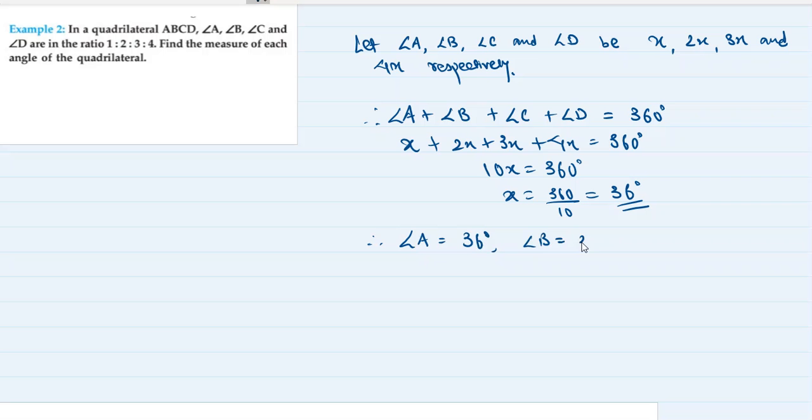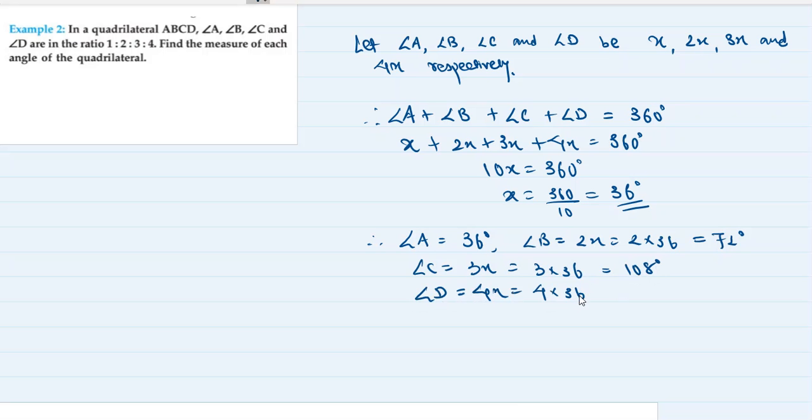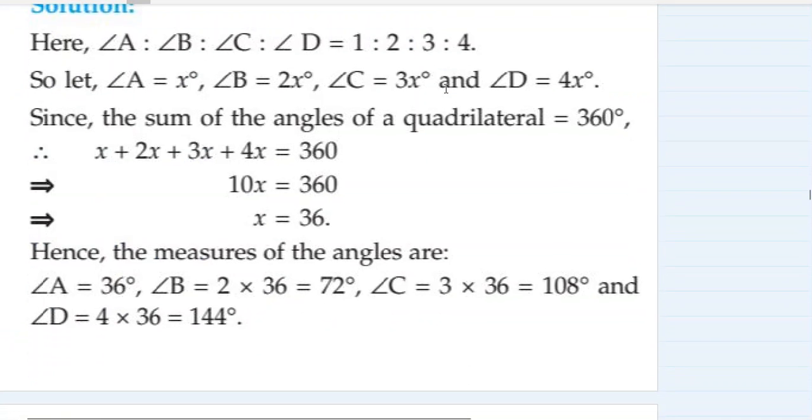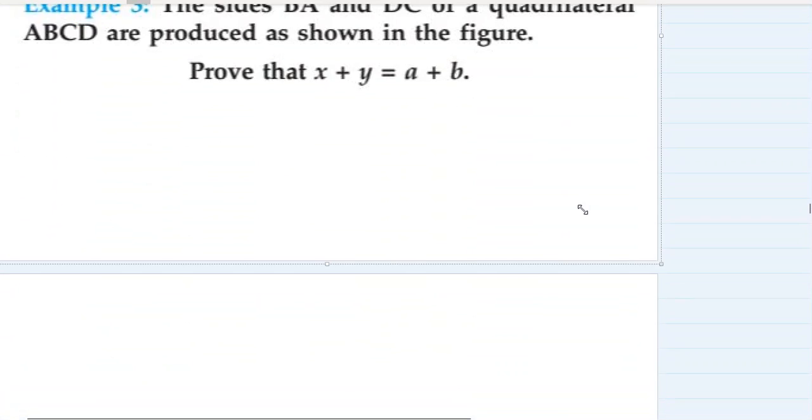Angle B is equal to 2x, which is 2 times 36, which is 72 degree. Angle C is equal to 3x, which is 3 times 36, which is 108 degree. Angle D is equal to 4x, which is 4 times 36, which is 144 degree. So 36, 72, 108 and 144. Correct? Very easy question. Let's go to the next question.